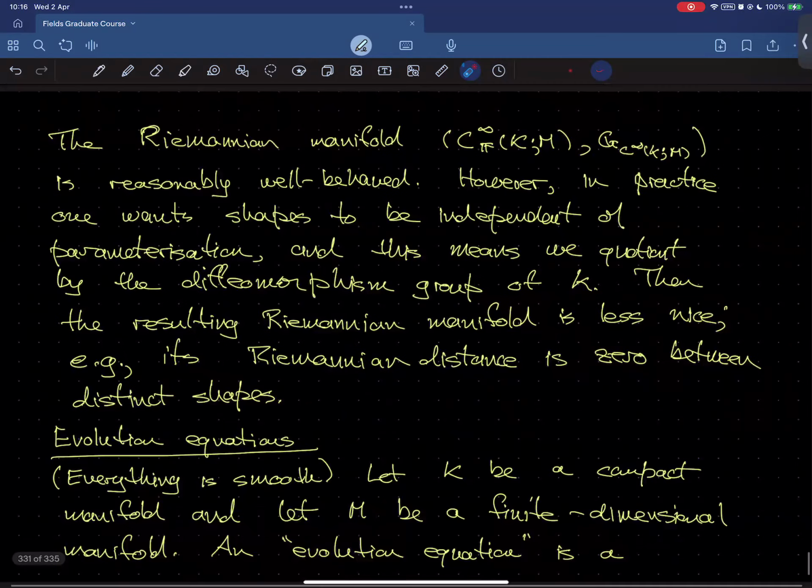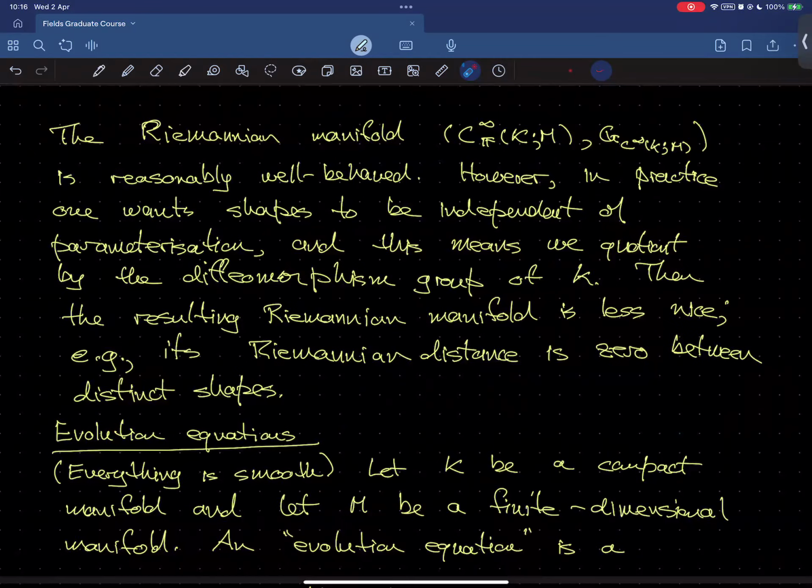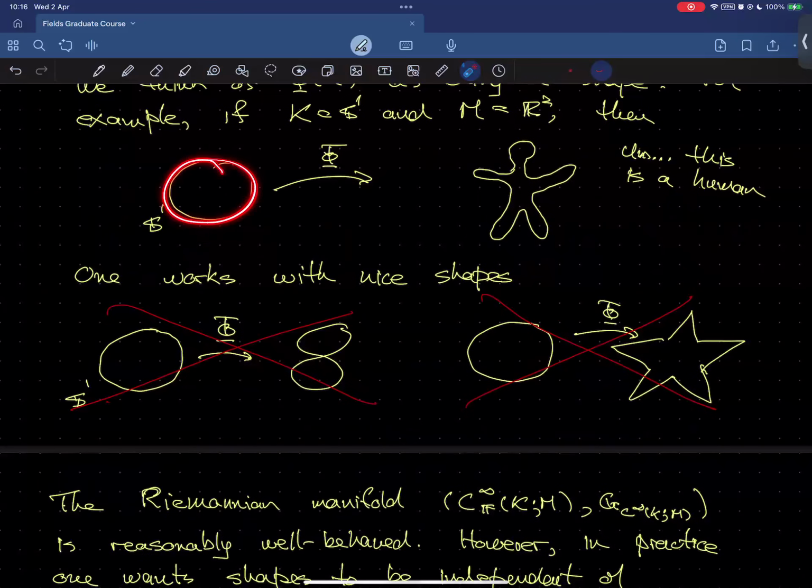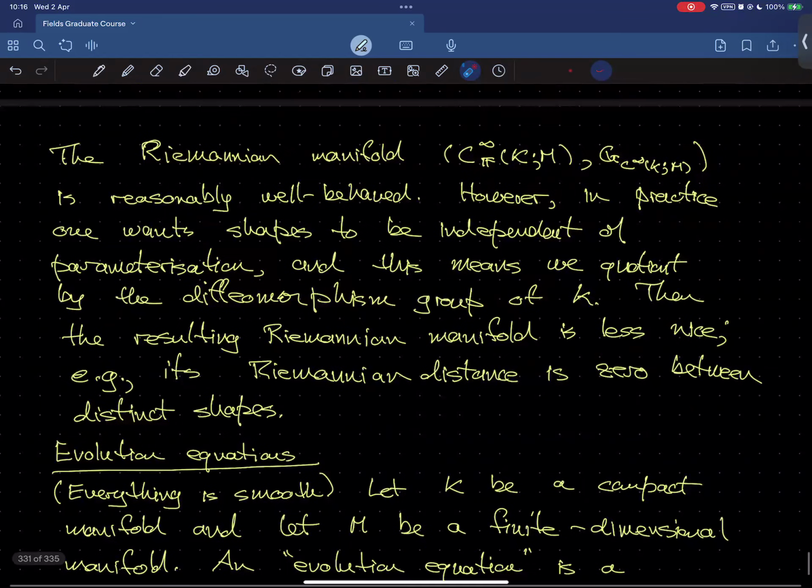And the way people deal with this in practice is they perform a quotient. Okay. And the quotient is by the set of all diffeomorphisms of the domain manifold. Okay, so that way, two mappings here which differ by a diffeomorphism and which give the same shape, you regard those as being the same. Okay, so it's kind of quotienting by parameterization.